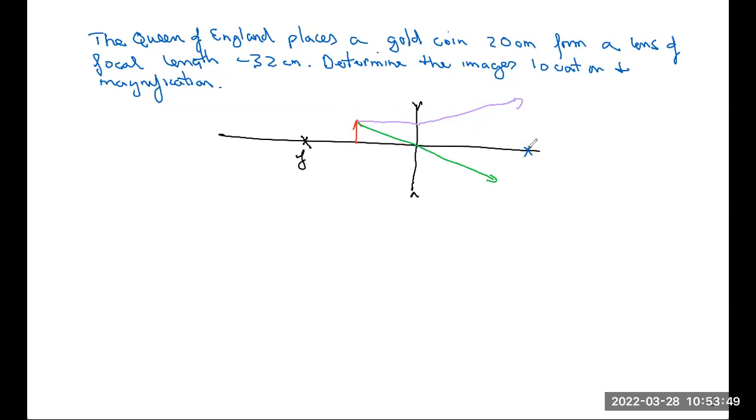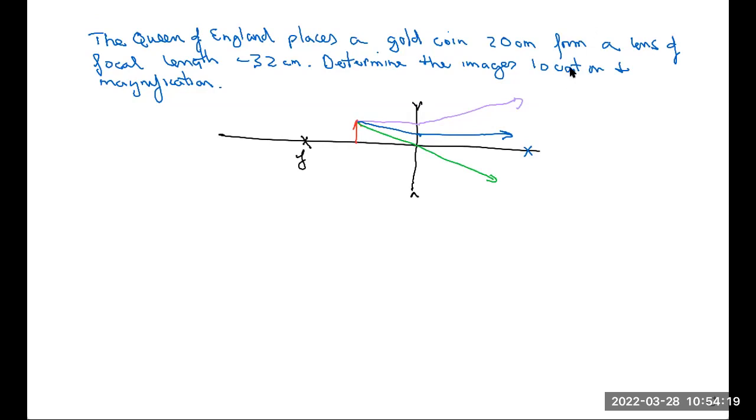It actually heads towards the focal point on the far side of the lens, something like this, and then is refracted to be parallel to the optical axis. And so you notice that both these rays, the magenta one and the blue one, are bent away from the optical axis. That's what diverging lenses do.